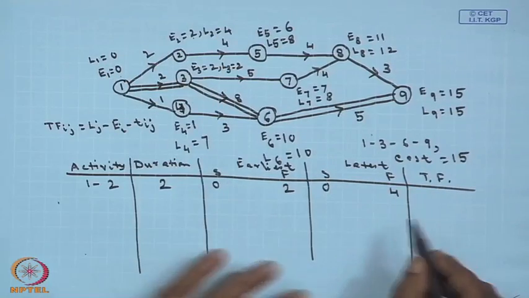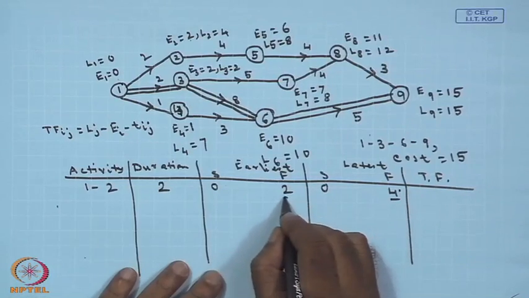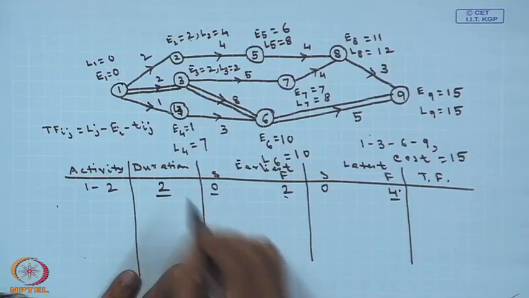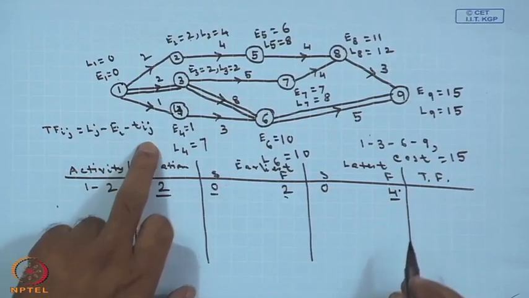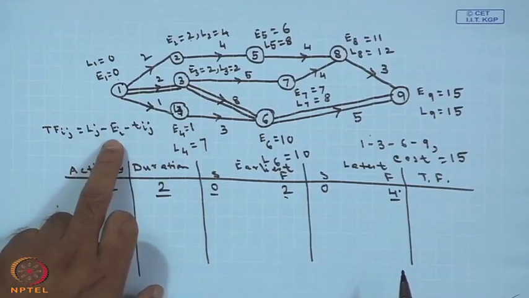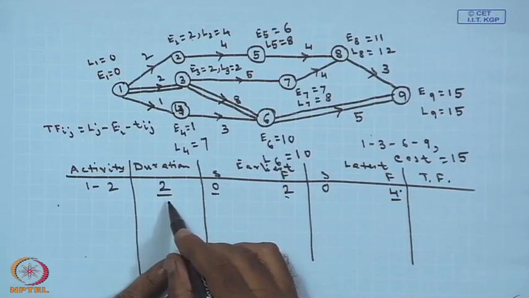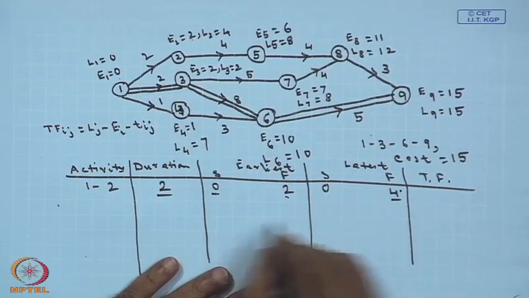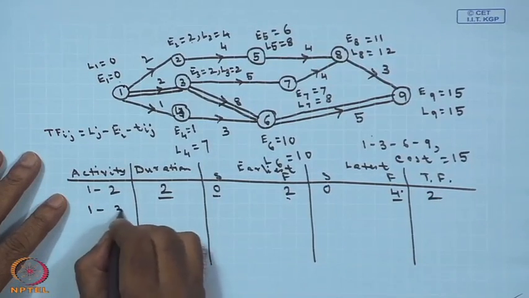So, your total float is basically this minus this, that is LJ minus EI minus TIJ. So, it will be 4 minus 0 minus 2, so this will be equal to 2. In the same way you can calculate for 1 3.